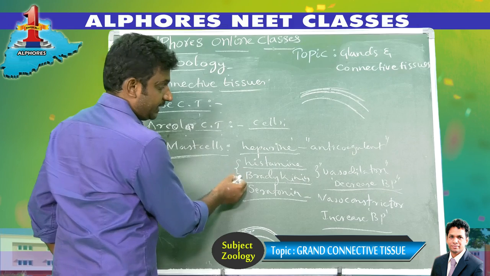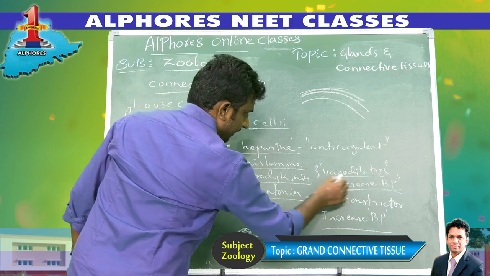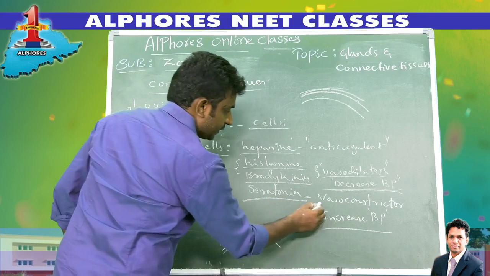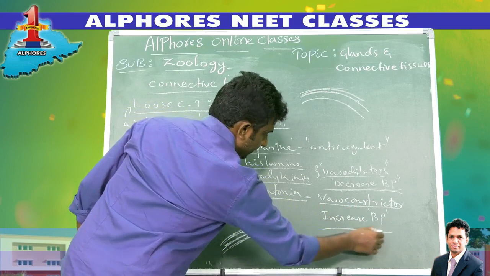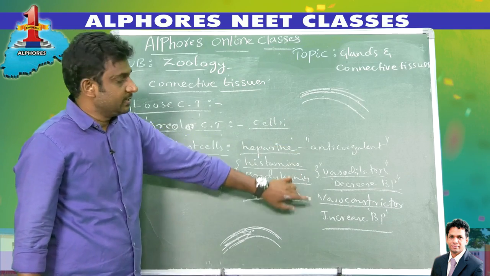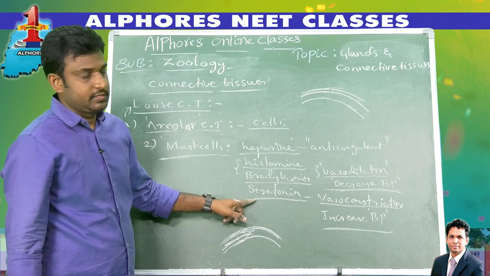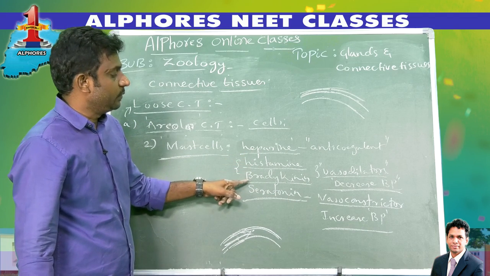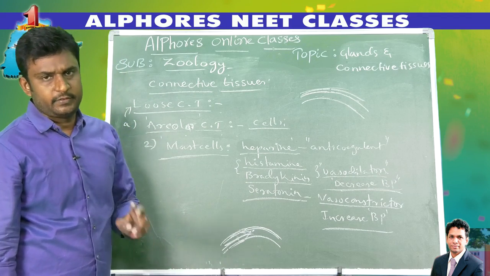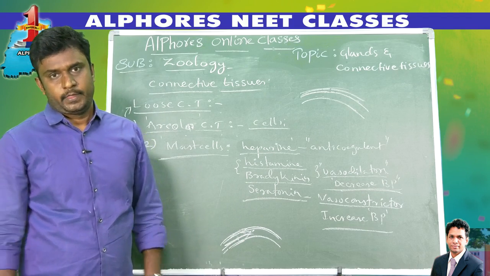Histamine and bradykinin are vasodilators which decrease the BP. Serotonin is a vasoconstrictor which increases the BP. So BP is decreased and increased by the release of these materials from the mast cells present in the areolar connective tissues.